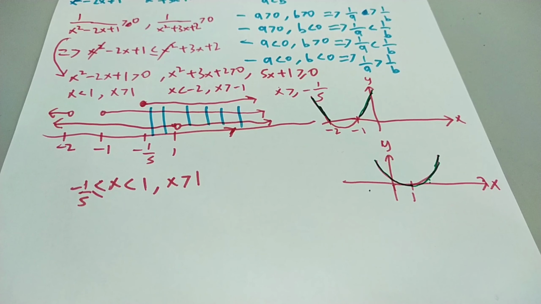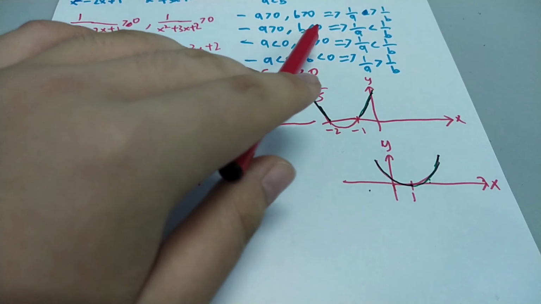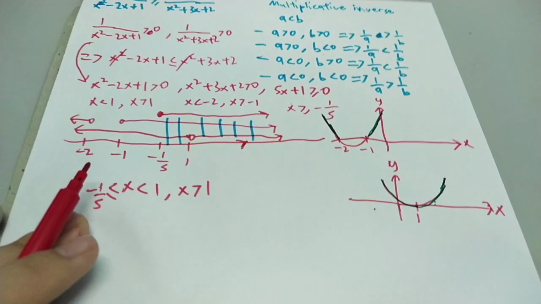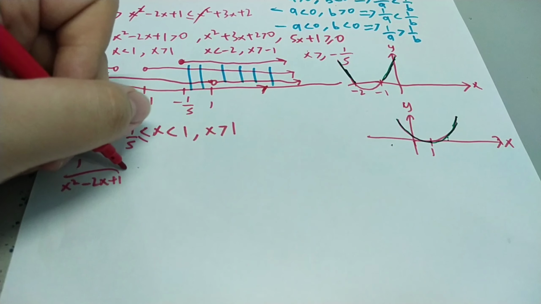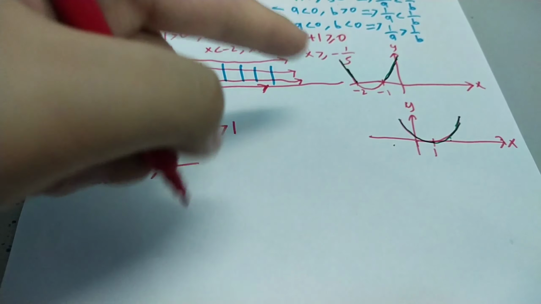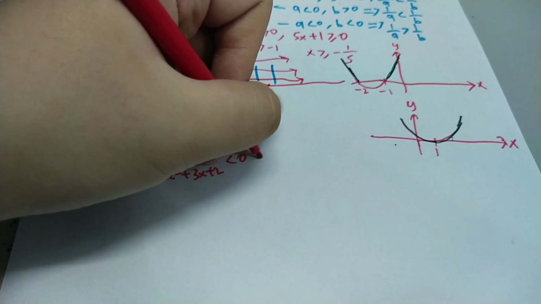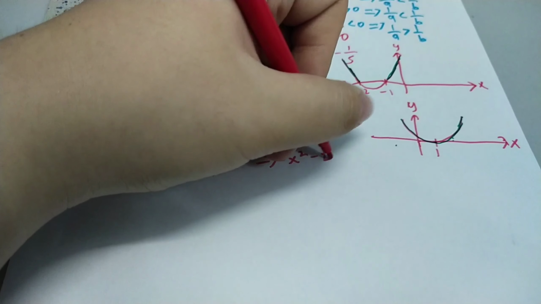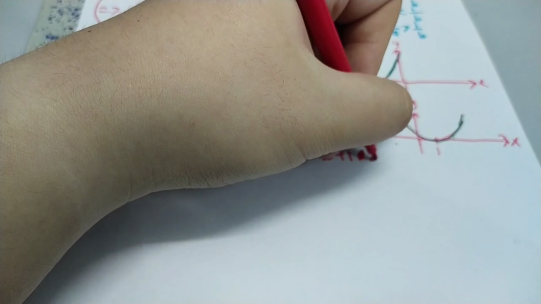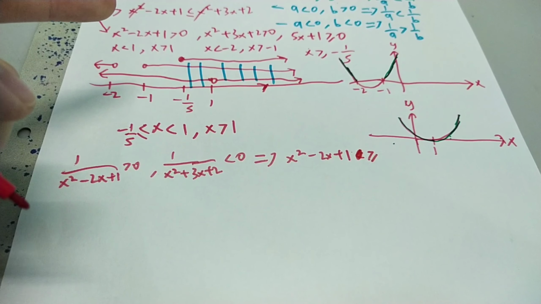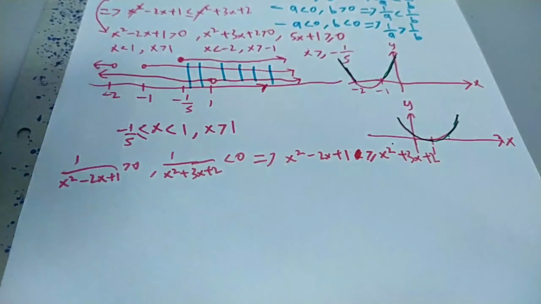The second case is still the same. Now, a is bigger than 0, and b is less than 0, which means that when 1 over x squared minus 2x plus 1 is bigger than 0, and 1 over x squared plus 3x plus 2 must be less than 0, meaning that x squared minus 2x plus 1 must be bigger than or equal to x squared plus 3x plus 2.